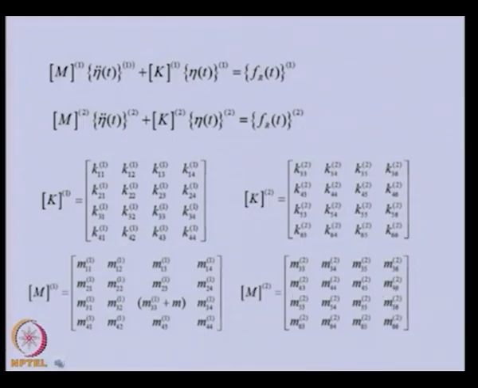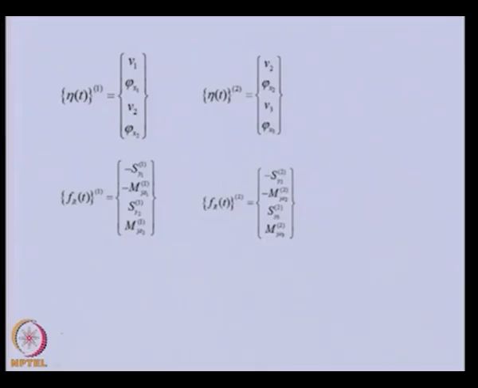Now, let us see the nodal displacements. This is corresponding to element 1, and this is corresponding to element 2, and this is the force vector for element 1 and element 2.